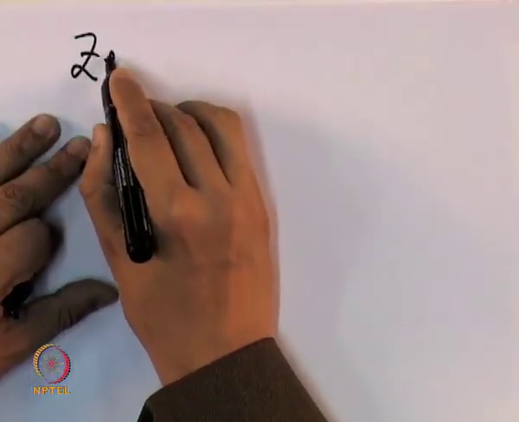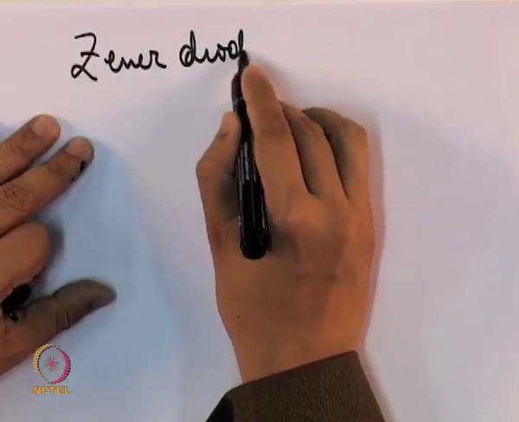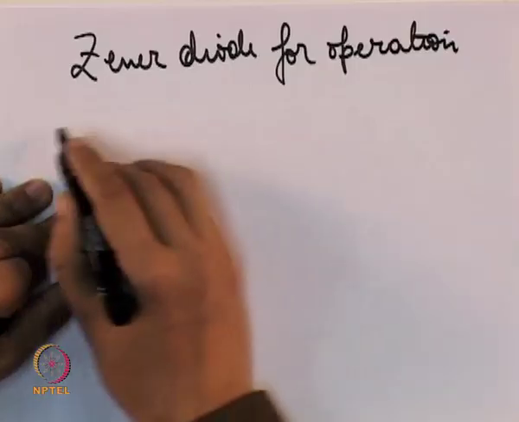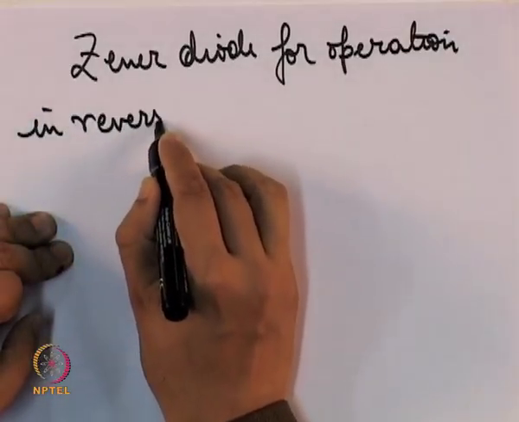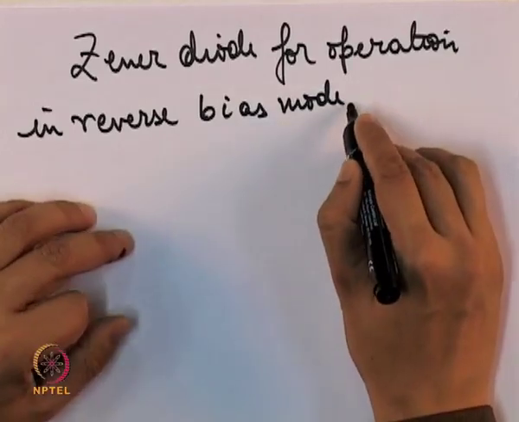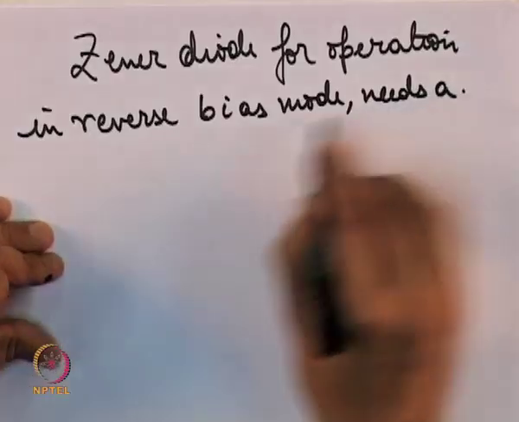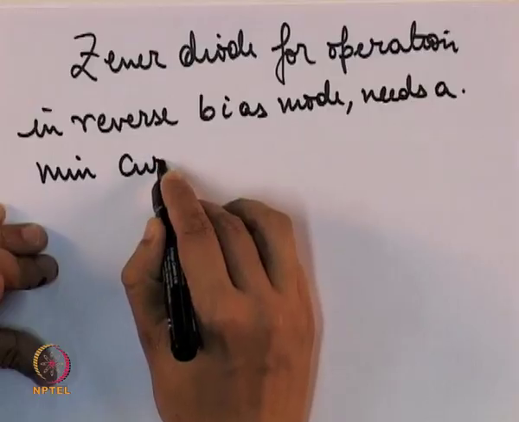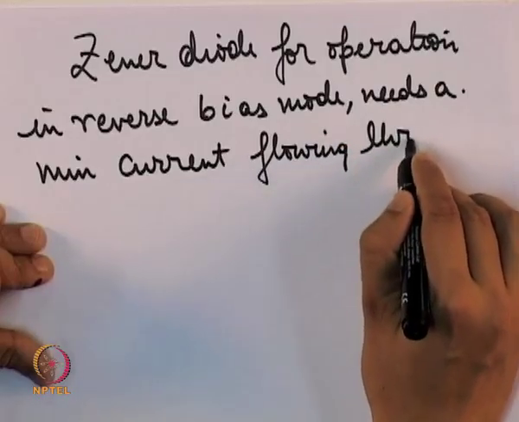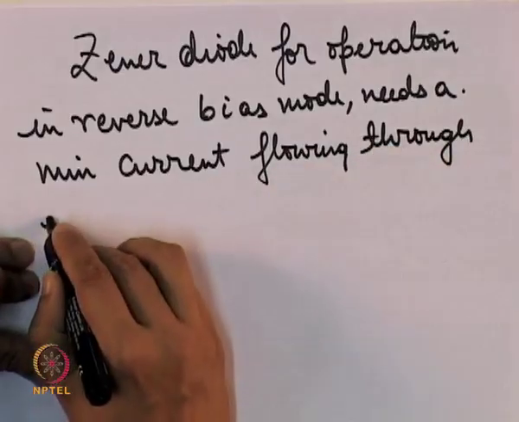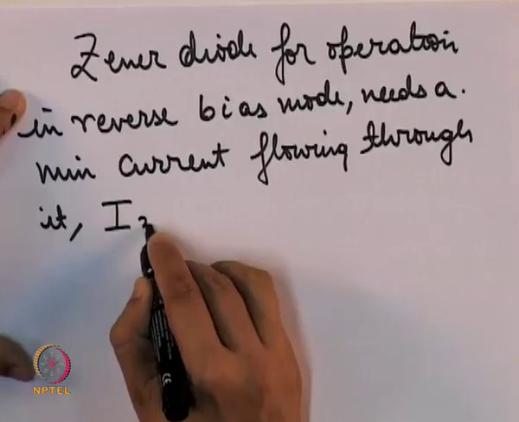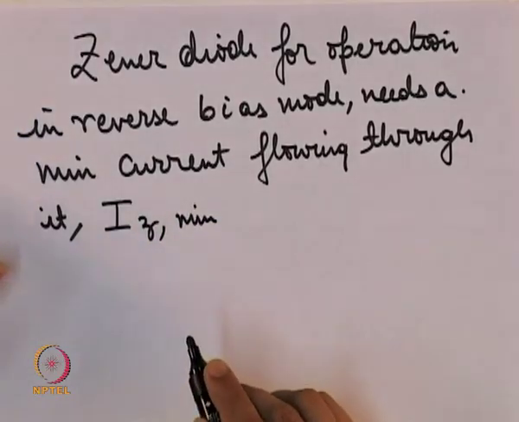So, a Zener diode for operation in reverse bias mode needs a minimum current flowing through it, and let us say I call this minimum current as Iz min.